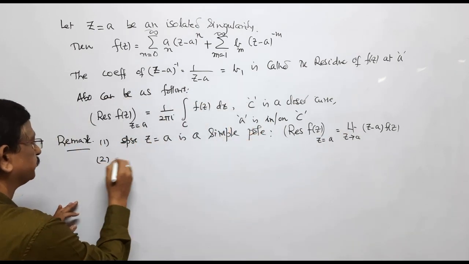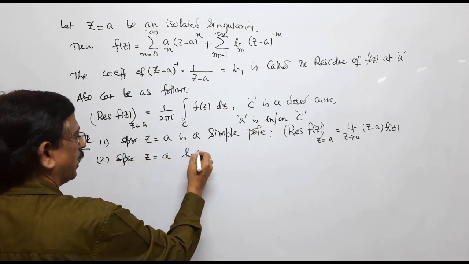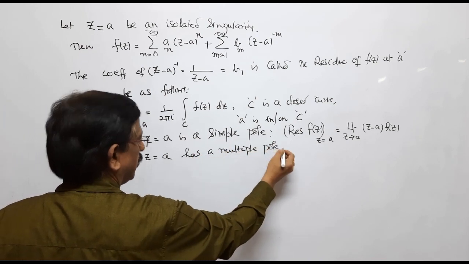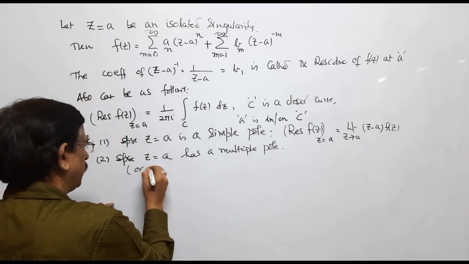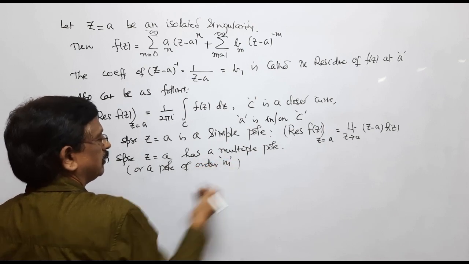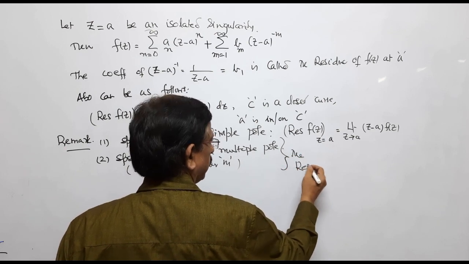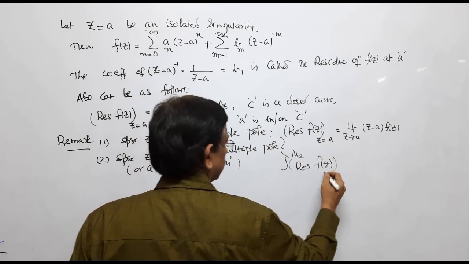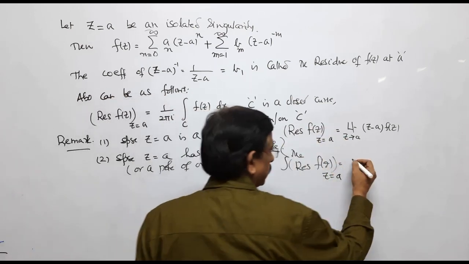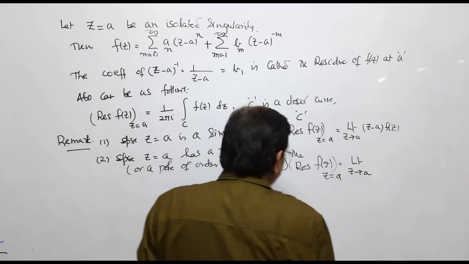Suppose z = a is a multiple pole, or a pole of order m. Then the residue of f(z) at z = a can be evaluated as follows.